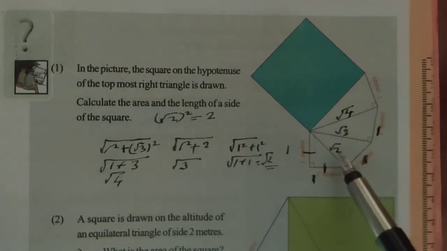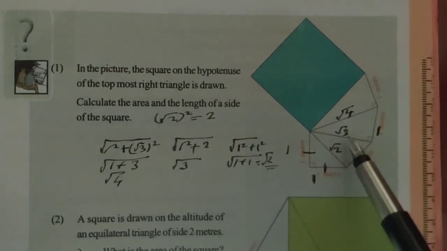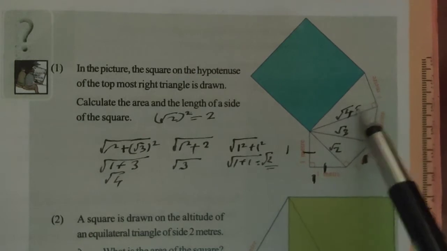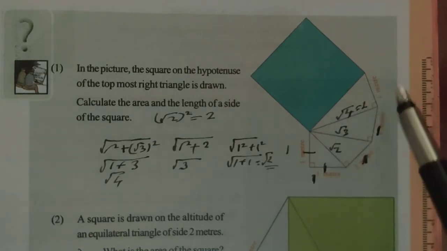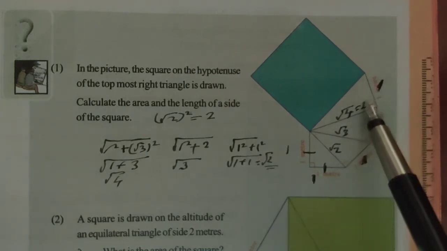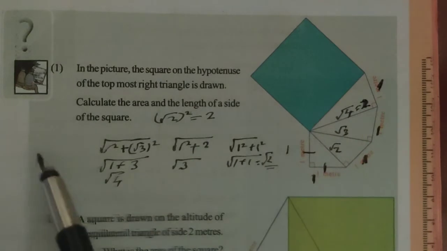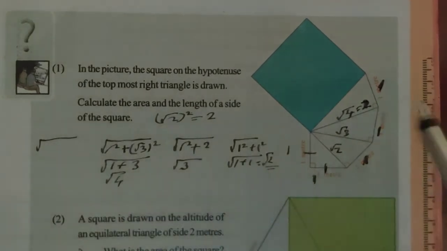We didn't know the value of root 2 and root 3, but we are very clear that root 4 is 2. Then you can substitute root 4 equal to 2 here. Then this is 1 and this is 2. Then what is this hypotenuse? The same equation, base square plus altitude square.